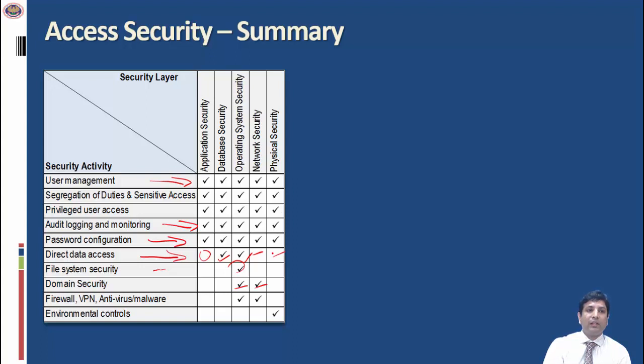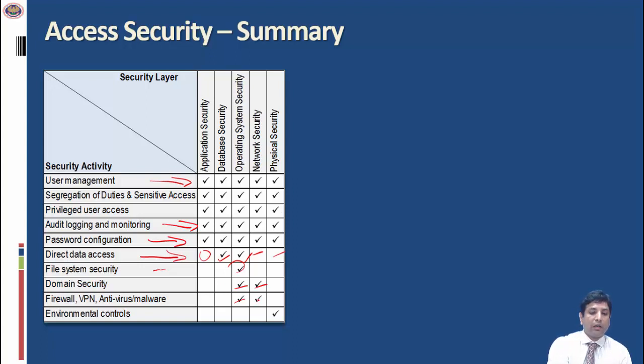Looking at firewalls, VPNs and antivirus, these again relate to the operating system level because the relevant controls need to be implemented. The antivirus has to be implemented at an operating system level. Typically, it is implemented in one system, which is a server, and then the antivirus is updated through all the other systems within the company as a push mechanism.